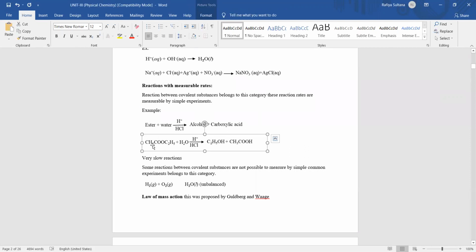What is the reactant here? Yes, ma'am. This is ethyl acetate. Okay, ethyl acetate is the ester here. So you are using water here. Water is a solvent. So what are the reactants? Water and ethyl acetate. This is an ester hydrolysis example. You are carrying this out in the presence of an acid catalyst here.